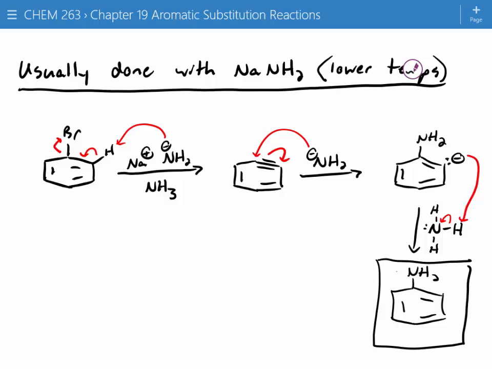So really, addition and elimination is only used for very, very simple systems. If you have an electron withdrawing group, the nucleophilic aromatic substitution mechanism will predominate. If you don't have a strongly electron withdrawing group, addition elimination predominates. But you have to have super high temperatures or a very, very strong base in order for this reaction to work.